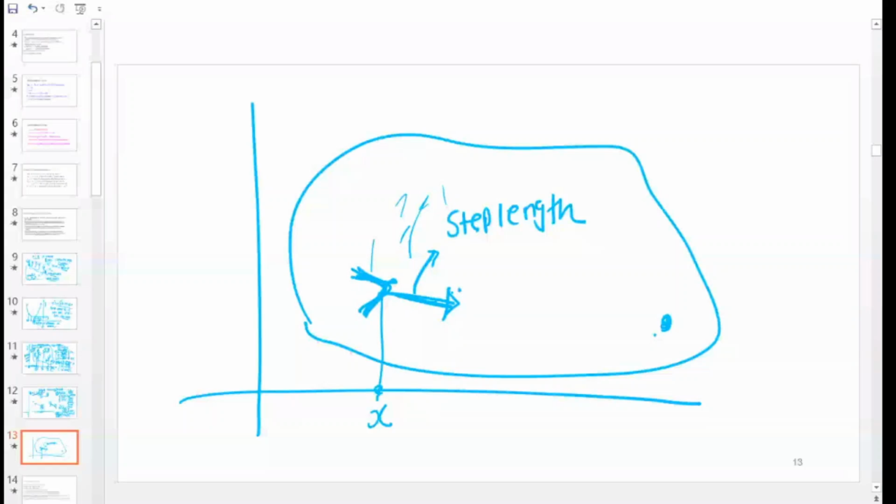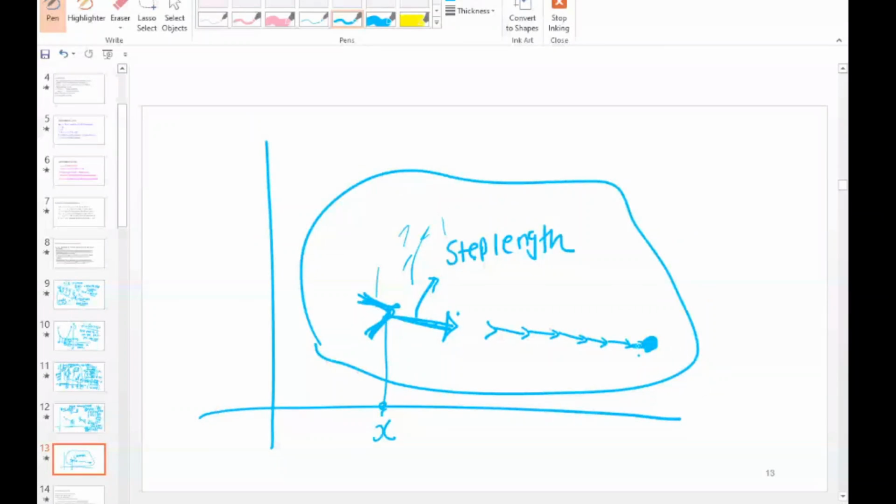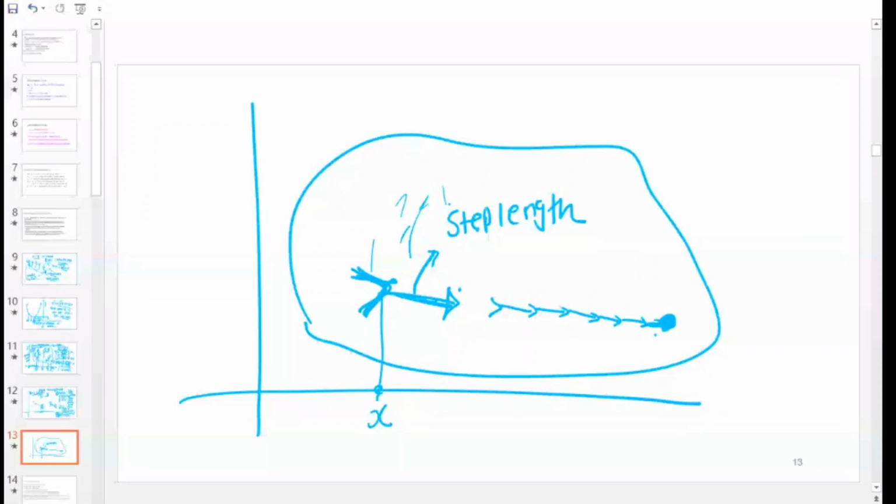So in the initial phase the step length should be high, and ultimately decrease as you move towards the optimum solution. And when you reach the optimum solution, your step length should obviously be 0. So we are introducing a concept known as the inertia constant, designated as omega.